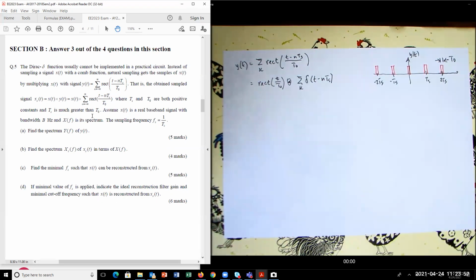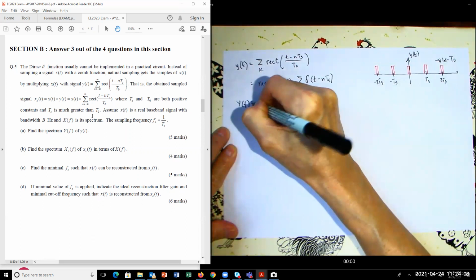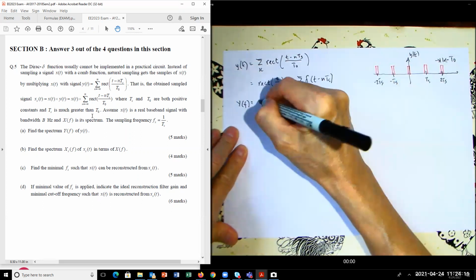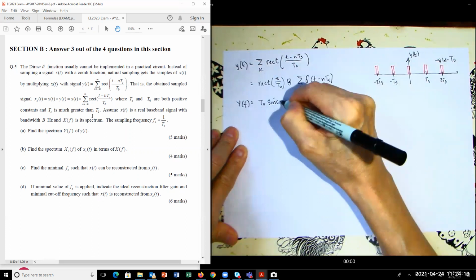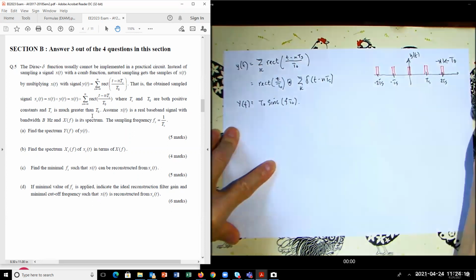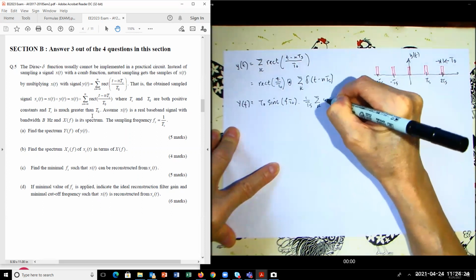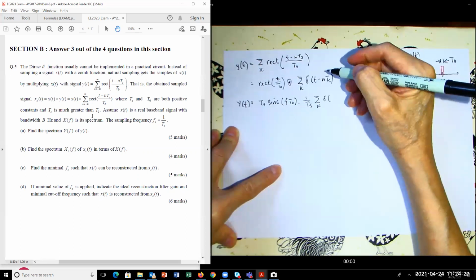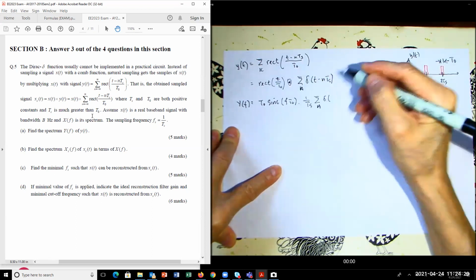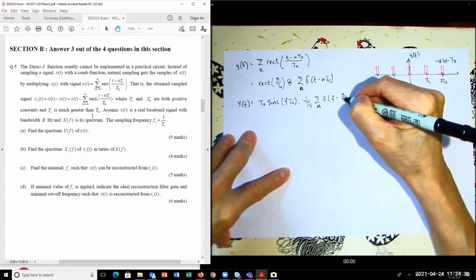Once you put it into this form, obtaining the Fourier transform is very straightforward. So Y(f) becomes t0 sinc(f t0). Convolution becomes multiplication, and the Fourier transform of the comb function is 1 over Ts summation over n of delta(f minus n over Ts).